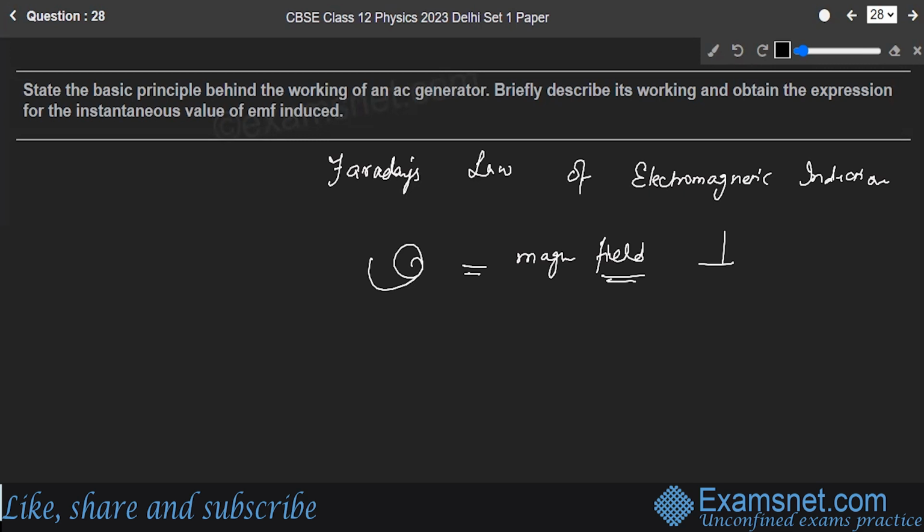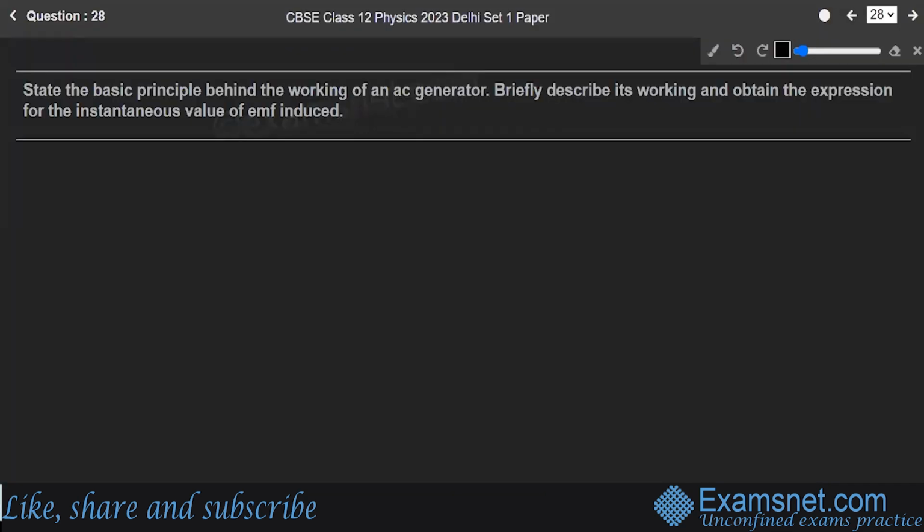Let's talk about the working of the AC generator. Question number 28: state the basic principle behind the working of an AC generator. Briefly describe its working and obtain an expression for the instantaneous value of the EMF induced. The AC generator works on the basic principle of Faraday's law of electromagnetic induction.